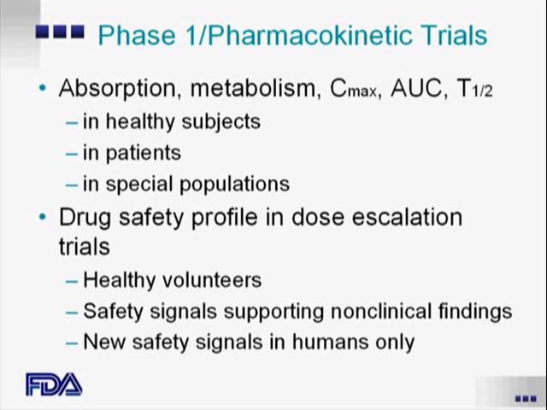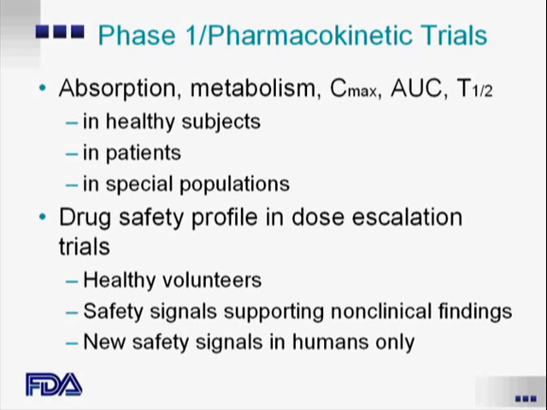Studies in patients, where a disease is present, will help to identify potential drug-disease interactions, especially in populations that might metabolize the drug and have a different pharmacokinetic profile from healthy volunteers. That's the pediatric subpopulation, the elderly, people with hepatic and renal impairment, and pregnant and nursing mothers.